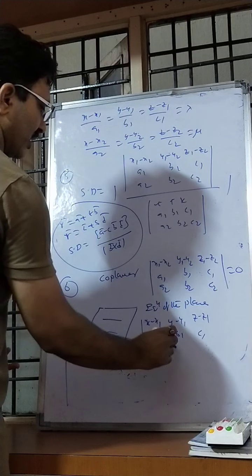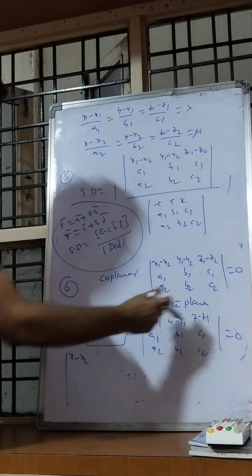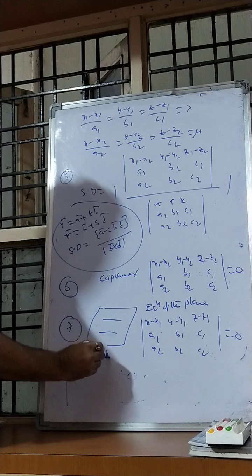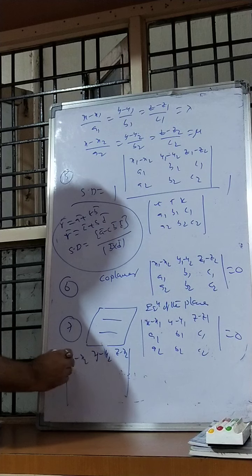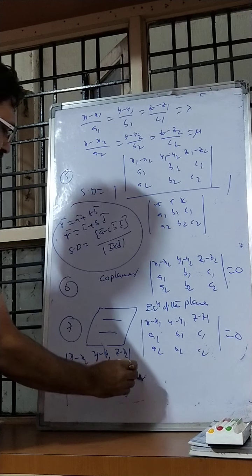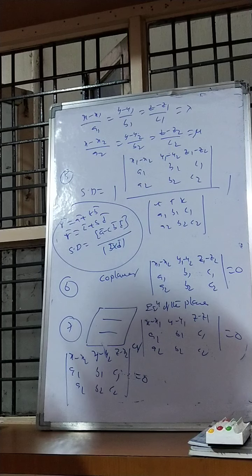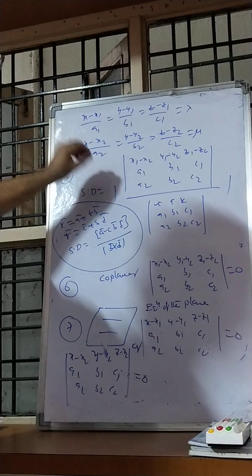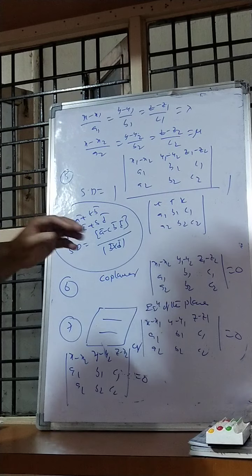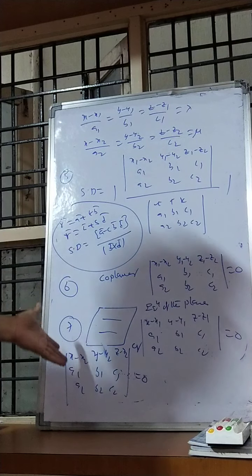Here a1, b1, c1, a2, b2, c2 equal to 0. Either this or this will definitely give the equation of the plane. We came across 7 points, 7 problems related to two given lines, please remember them.